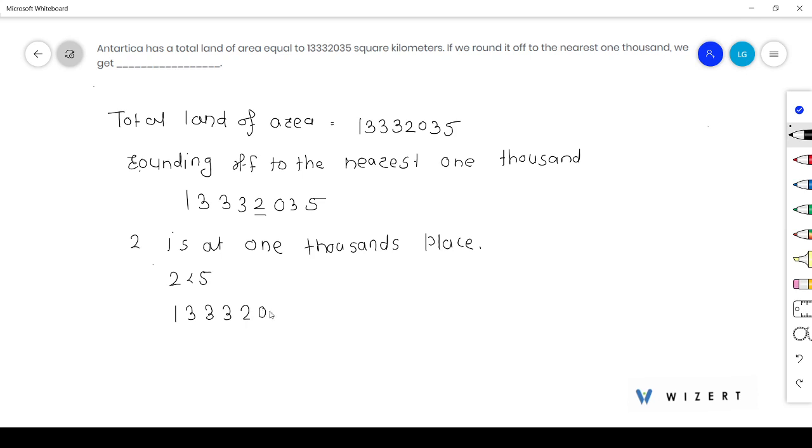the remaining digits will be 0. Hence, that number will be 13,332,000.